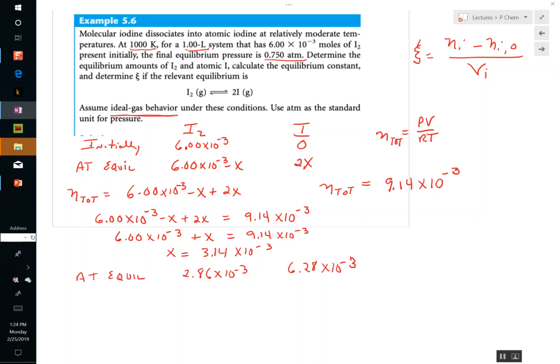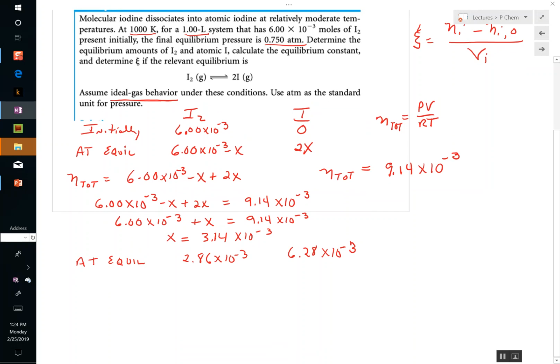How would you go about this equation? K doesn't always equal x squared over 1 minus x, right? Does K always equal x squared over 1 minus x?